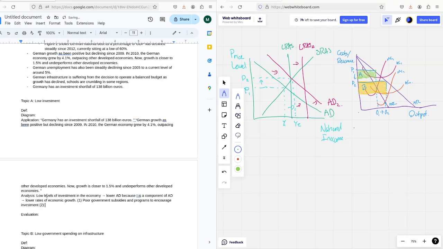So maybe the government isn't operating schemes that encourage investment. Maybe something like a lower rate of unemployment, maybe less attractive for investors, and low growth may discourage investors.